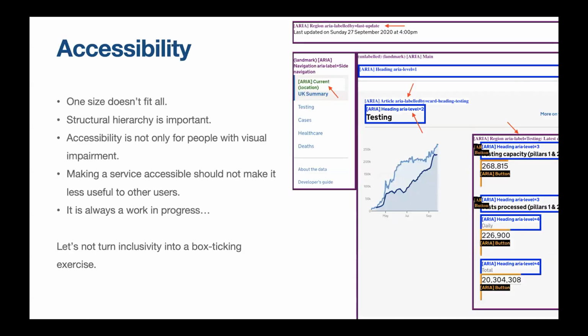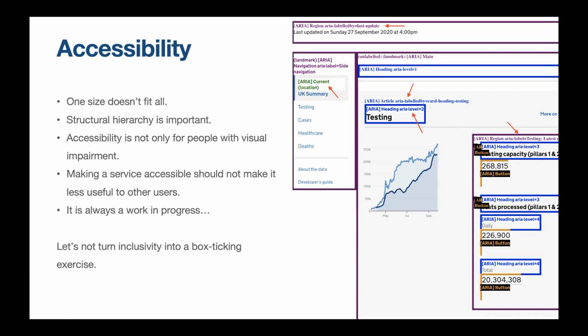And then there are accessibility considerations, which is particularly close to my heart personally, because I do have disabilities, and I have heard all my life that this can't be done because of that. And it can always be done. It's just that people are not willing to do it. What's very important is that one size does not fit all.